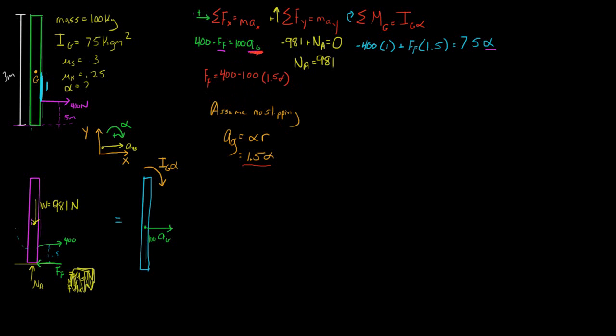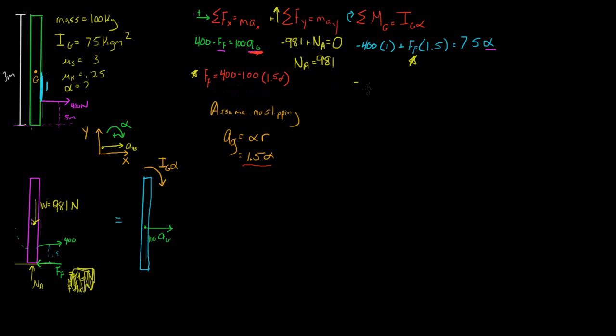Now, since we have this expression for our frictional force, let's just star that, we can substitute this right here. So we can put our new expression for frictional force into this equation right here.